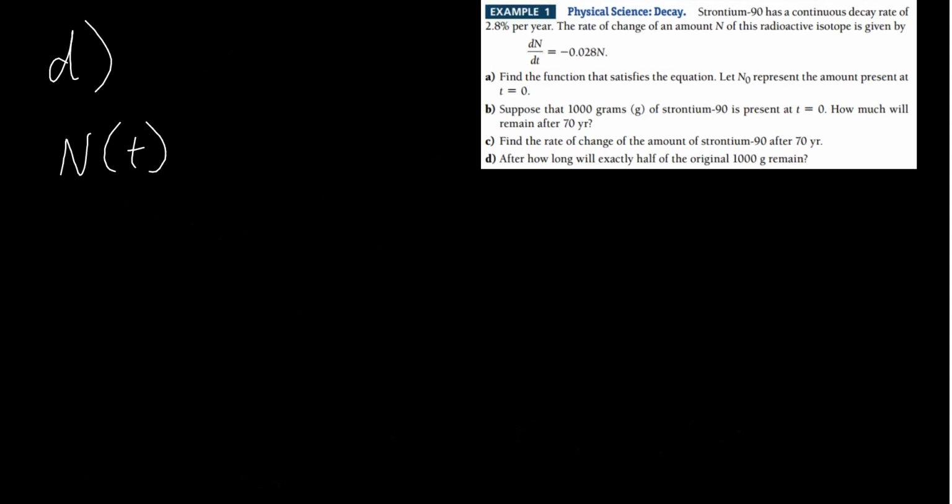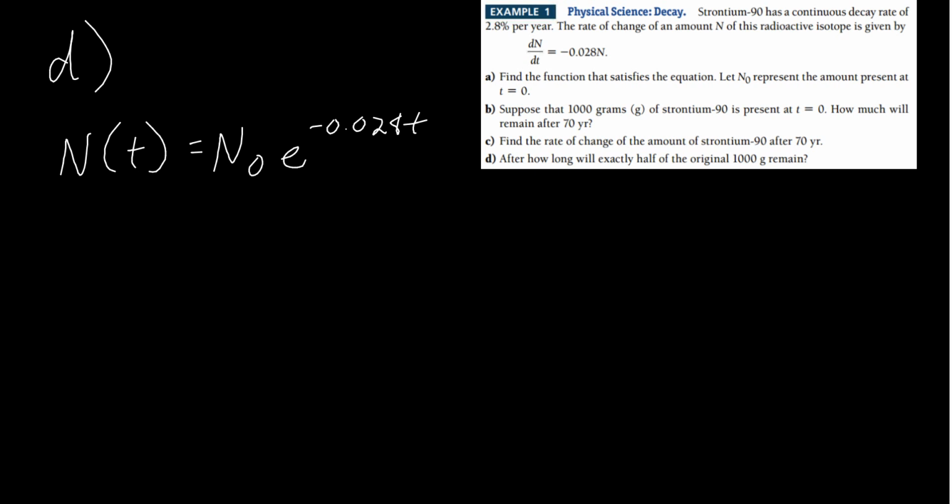Okay, so n of t is equal to n naught e to the negative kt, so negative 0.028 t. So this was my equation, and we want to know how long it will take for exactly half of the original 1,000 grams to remain.